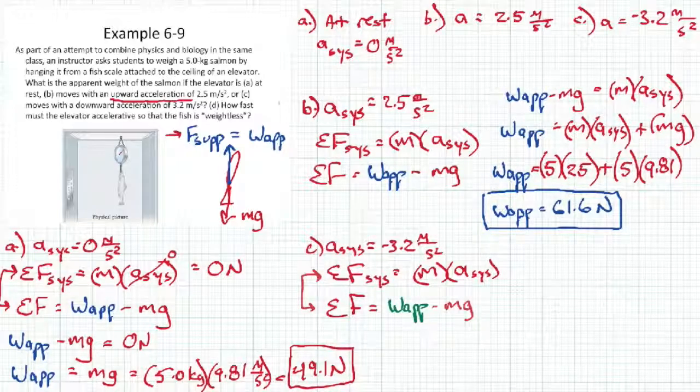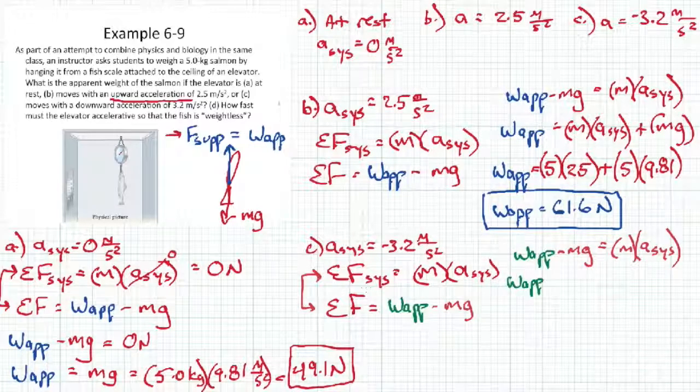We can say that the apparent weight minus mg equals the mass of the system times the acceleration of the system. Now it's going to look like it's going to work out the exact same way as part B, but we have a different acceleration, so that'll give us a different answer.